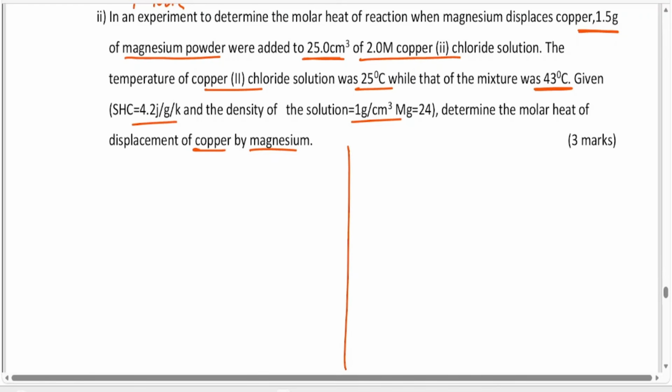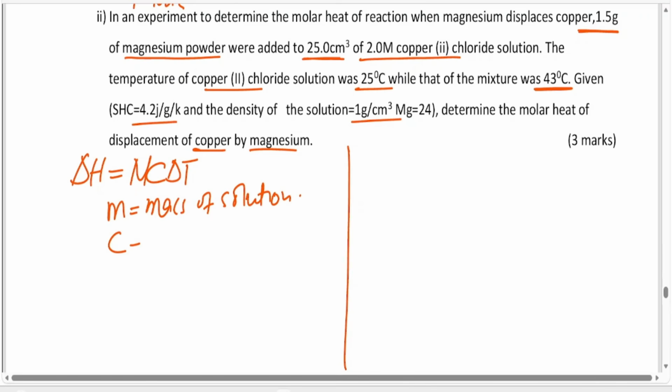In this case, the enthalpy change is given by the formula mass C delta T, where M is the mass of solution, C is the specific heat capacity, which is given as 4.2 joules per gram per Kelvin.